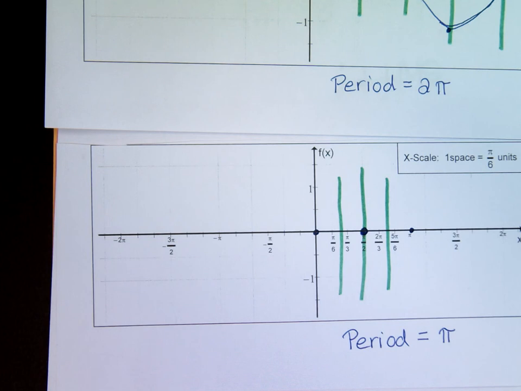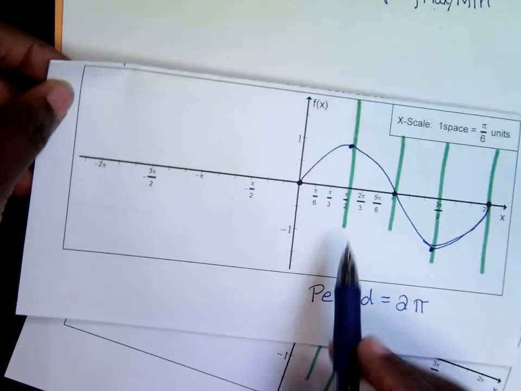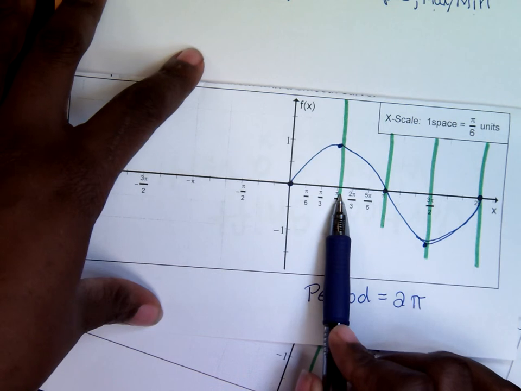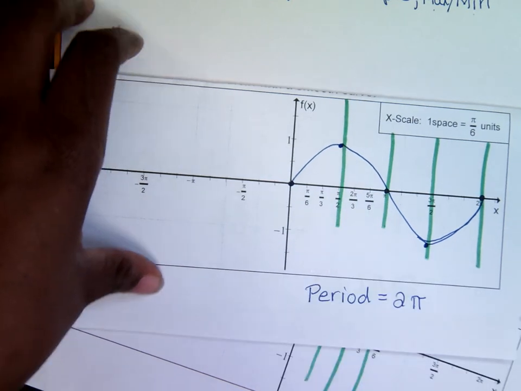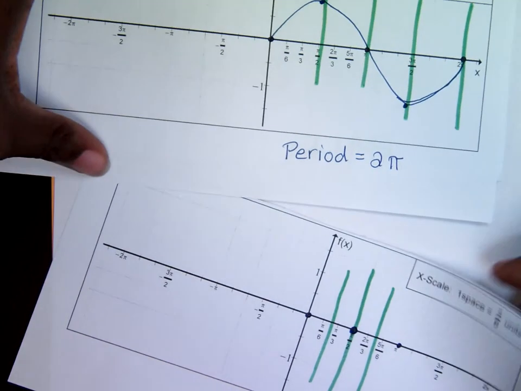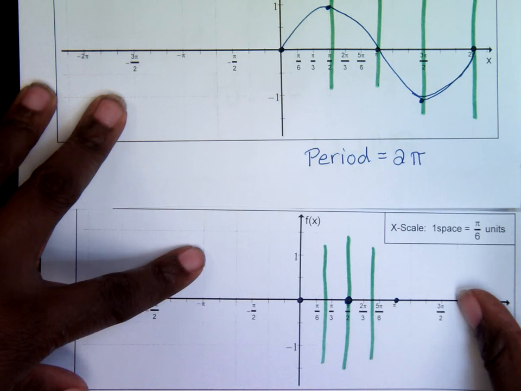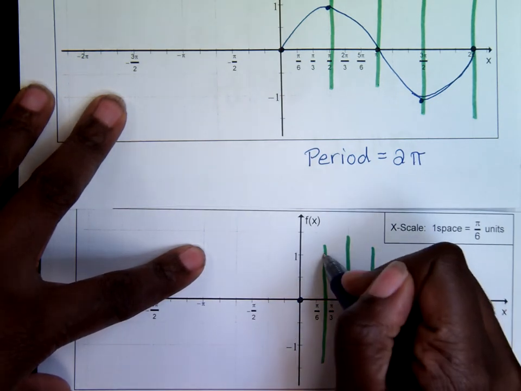That is important so I can know where my other key points are. As you recall earlier, after 1/4 of the graph, my first key point, which was my maximum, was located there. The same thing happens here. After one fourth of my graph, my maximum will be located there.